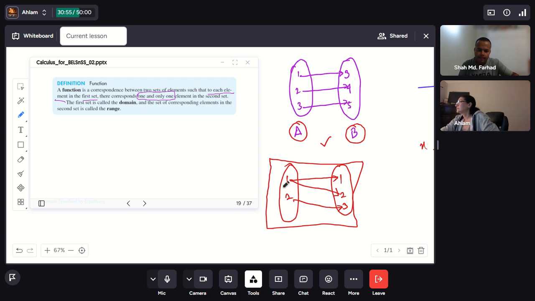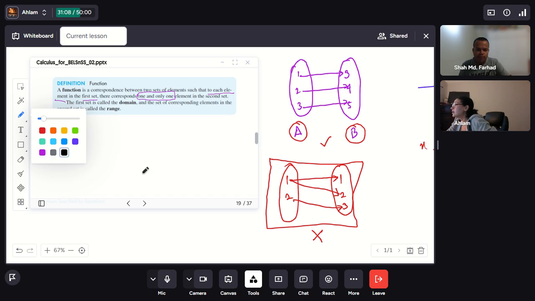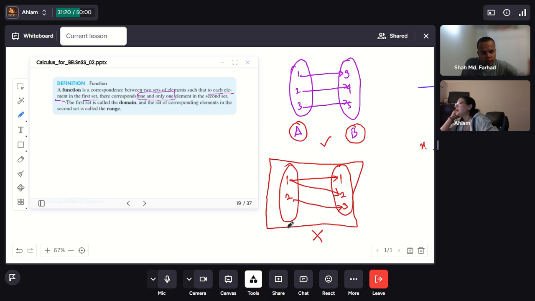So this one is not a function, right? But the set of 2 and 3 is a function. No, here we have to consider the whole set, that is the first one and the second one.